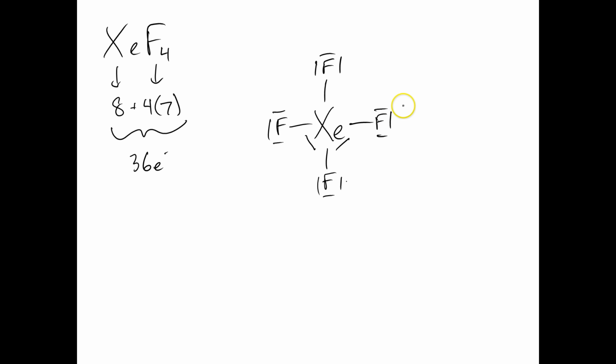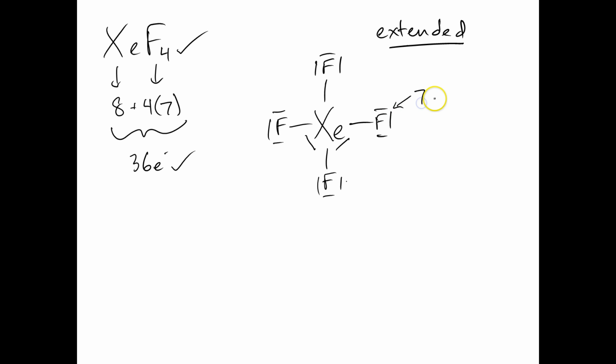The xenon has more than 8 electrons, but that's okay because we have the extended octet rule if our central atom is on the 3rd row or lower. So, total count checks off, formula checks off, formal charge checks. Our F's are all set up the same, so let's just check one of these.